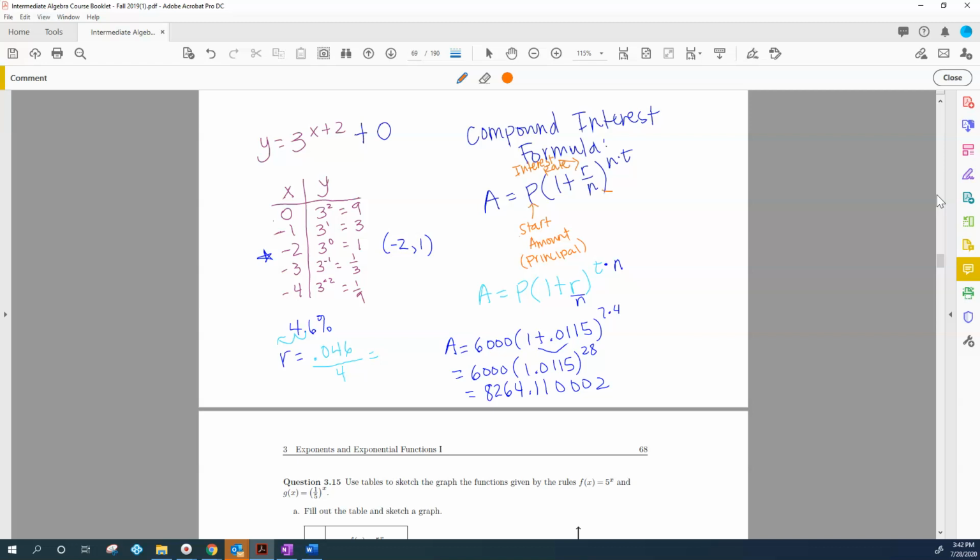N is the number of times it's compounded in 1 year. And then T is the time in years.